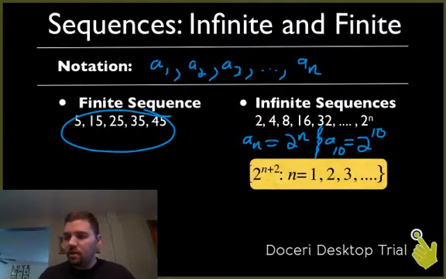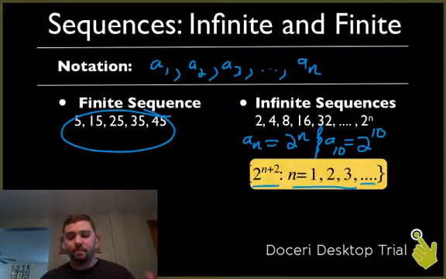Let's look at this other way of defining sequences. If I put this rule in brackets, so I've got 2 raised to the n plus 2 for n equals 1, 2, 3, and so on forever. Once again, this dot dot dot means it goes on forever.